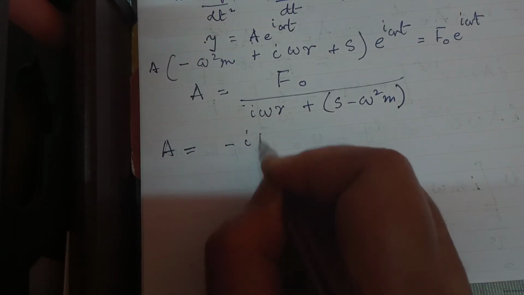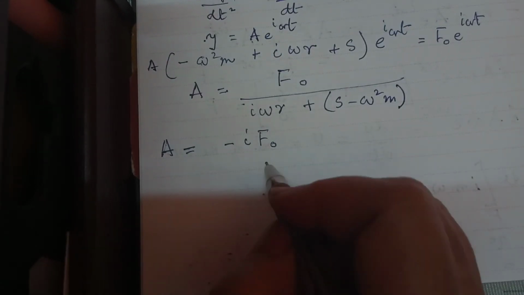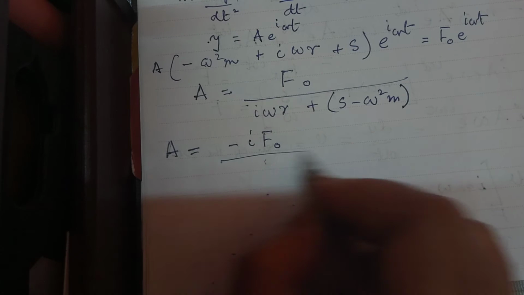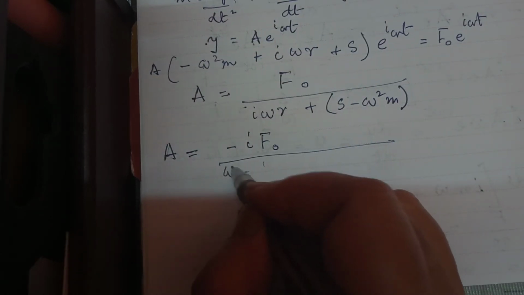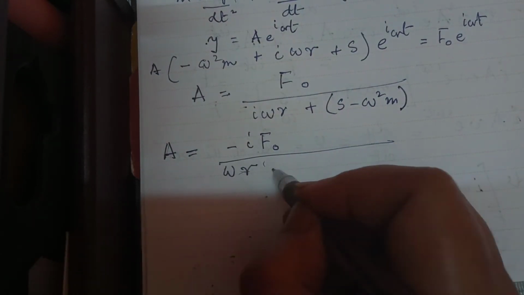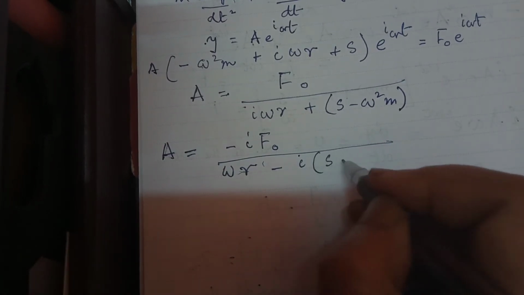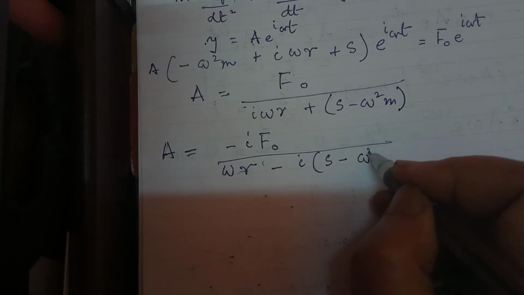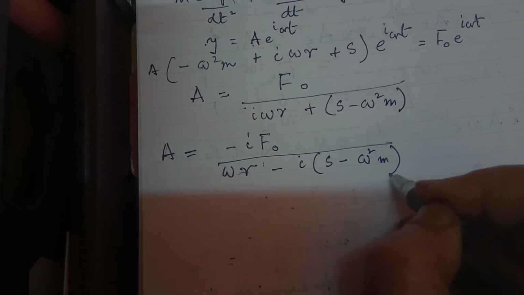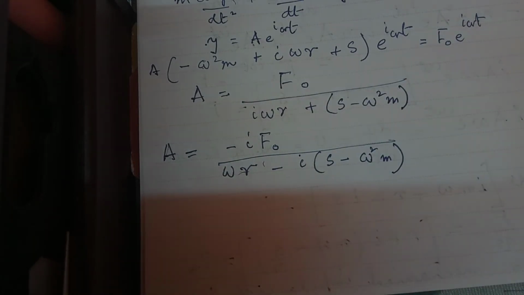Or you can write it as equal to minus I f naught, you just take I common, divided by omega r minus I s minus omega square m. Just follow one step, you get this.